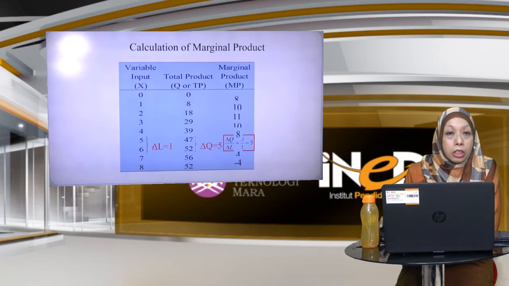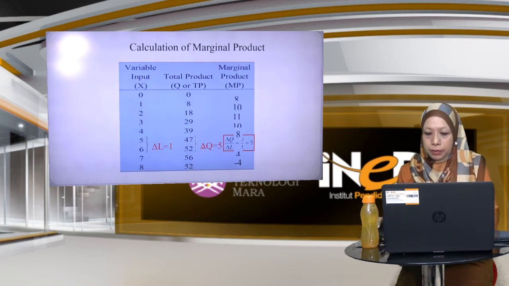If you want to know the contribution of the 6th worker, or the marginal product, you find the difference between output for 6 workers and output for 5 workers. So as you can see, the marginal product is equal to 5.